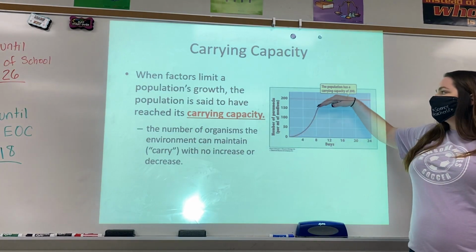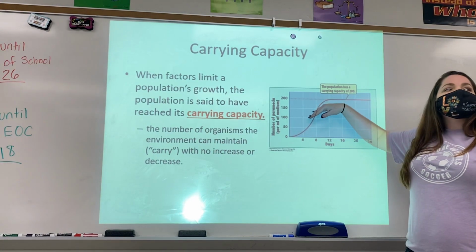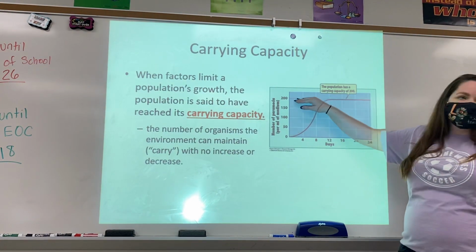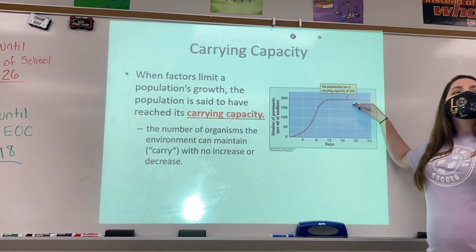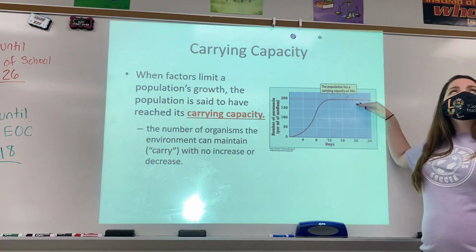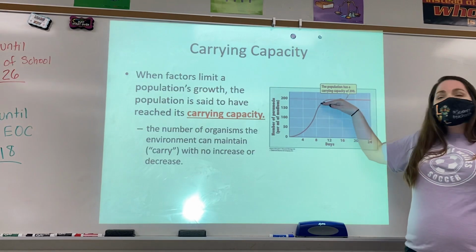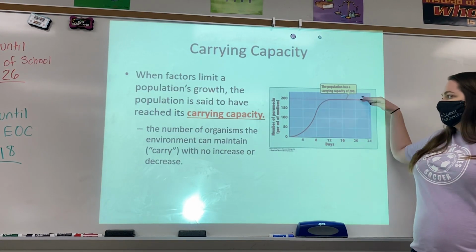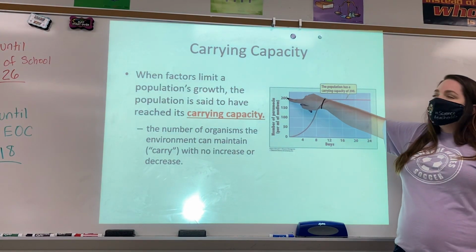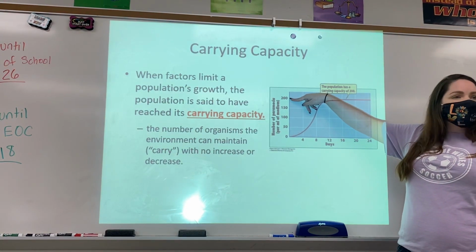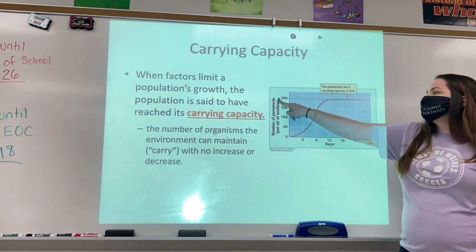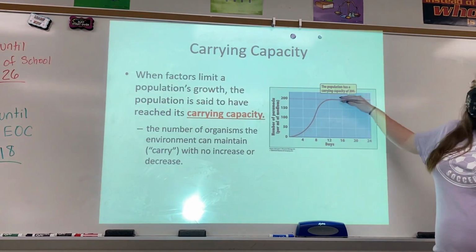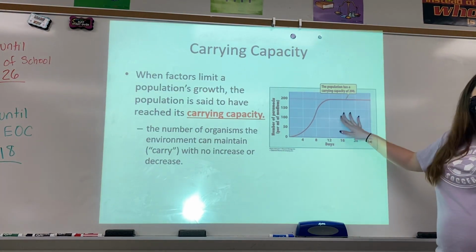So all of these factors are going to start decreasing your population growth enough to where at this certain point, which is called your carrying capacity, that is how much or how many individuals this environment can hold. So for this example, our carrying capacity is at this line, which hits this number. So our carrying capacity for this organism in this situation is 200 in this environment. Okay, so our carrying capacity is 200 individuals in this environment for this situation.